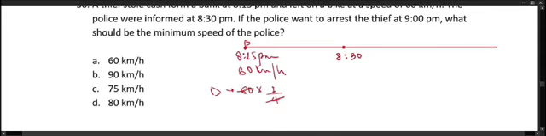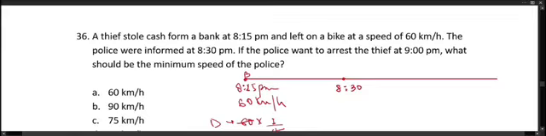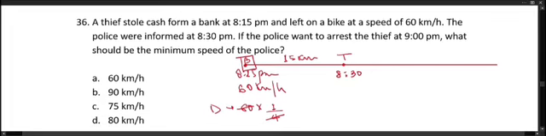Therefore, distance will be 15 kilometers. So the distance traveled by the thief is 15 kilometers, and we can also say that the distance between the bank and the thief after 15 minutes is 15 kilometers.